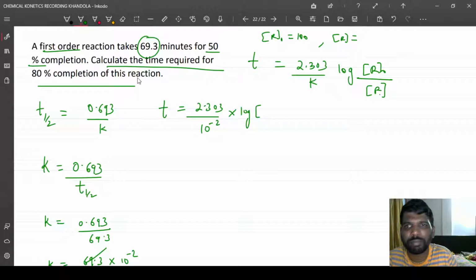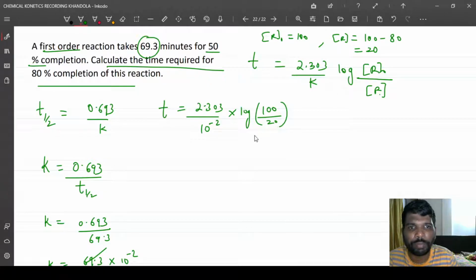R will be, for 80% completion, how much is remaining? 20. So 100 minus 80, it is 20. So here I'll write 100 upon 20.